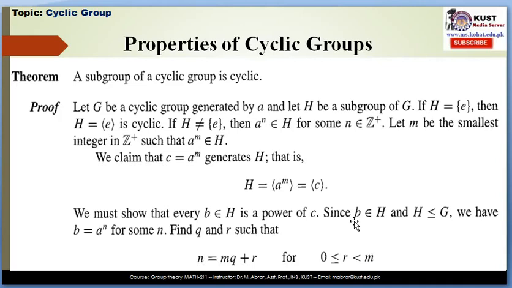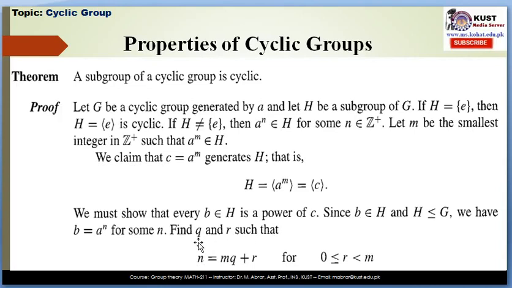Okay, because this b is coming from H and H is a subgroup of G, definitely b is some power of A, because the underlying group is G and the generator was A, so every element sitting in G can be written as a power of A, a^n for some n, of course. So again, recall from the number theory course, there is the division algorithm.